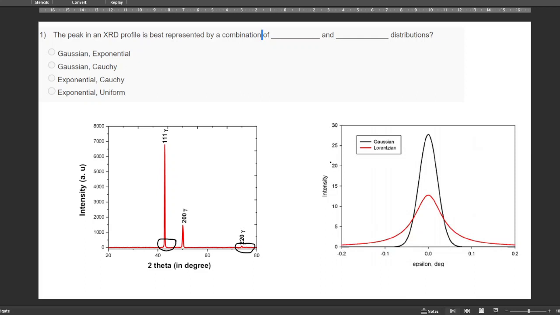Lorentzian is also called Cauchy. So Gaussian and Cauchy can give the best fit for the XRD profiles.